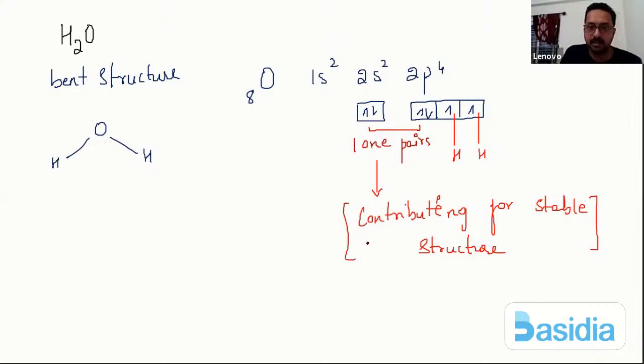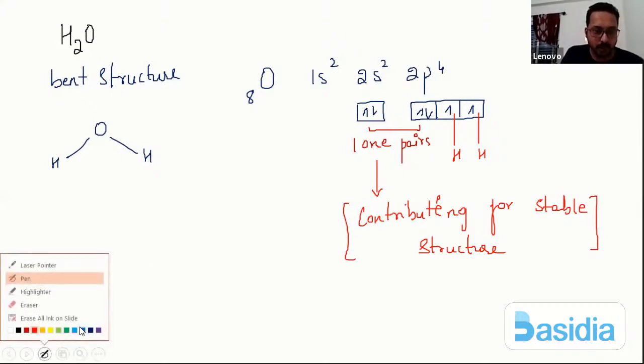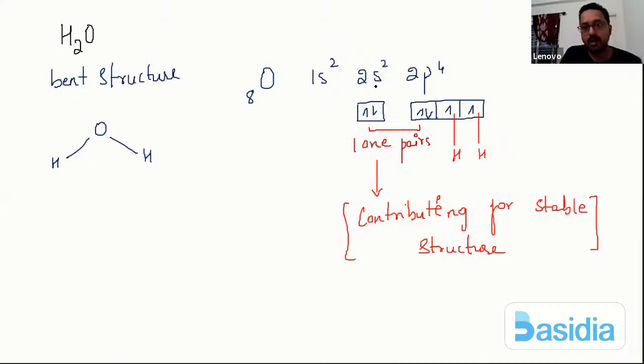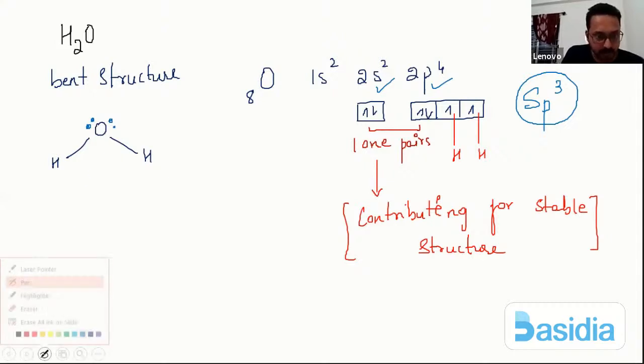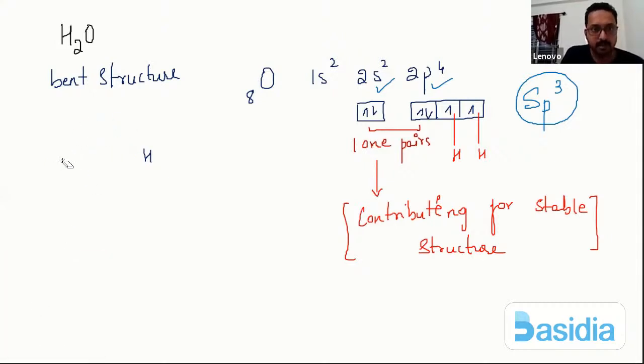So definitely they are counted in the hybridization. So one s orbital and 3 p orbitals are considered for hybridization, and the whole thing is sp3 hybridized. That means the oxygen we see here is sp3 hybridized. Now, where exactly are the lone pairs present? One of them will be sitting over here and another one over here. If you want me to write a proper structure, give me just 1 minute.